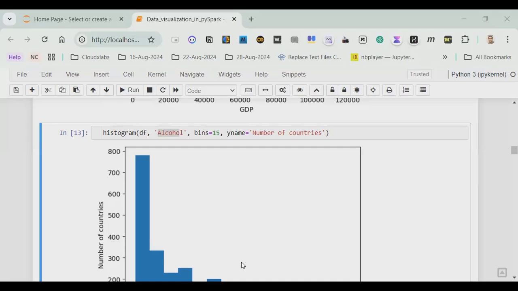Whenever I give y name there, like number of countries, it shows on the left side of the y-axis as number of countries. Of course, we are creating a histogram, so we know it is a number of countries, but the other person we are reporting to, or the story we want to build on top of it, they might not be familiar with what the y-axis is.